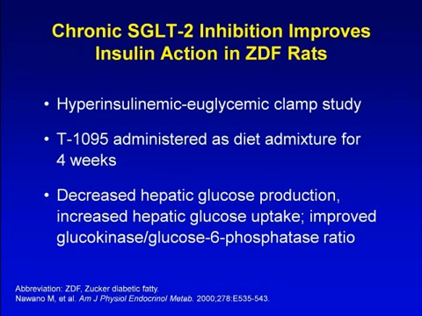They noticed in the study that insulin action was improved, as evidenced by a decreased hepatic glucose production, an increased hepatic glucose uptake, and an improved glucokinase and G6P ratio, which shows that the mechanism by which glucose is being lowered could be more than just excretion of glucose from the kidneys.